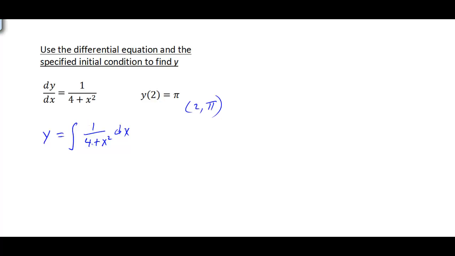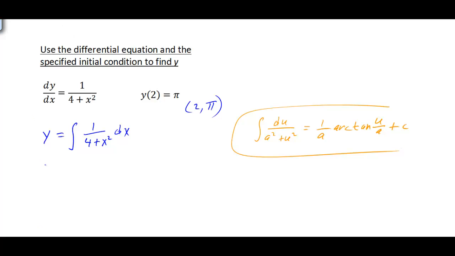It looks like we have 1 over 4 plus x squared, so it looks like one of our inverse trig functions. And if you go back and look, I think because there's no square root here, this is going to be the tangent, where we have the integral of du over a squared plus u squared is equal to 1 over a arctangent of u over a plus c.